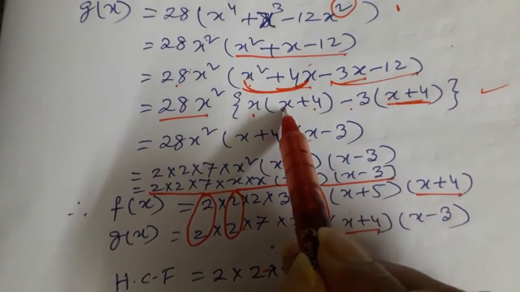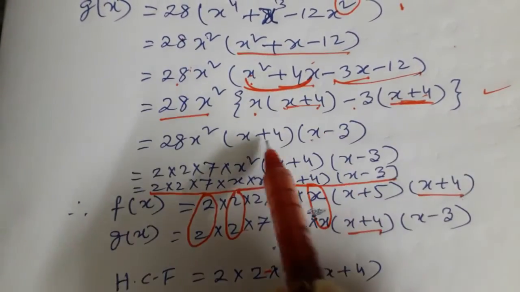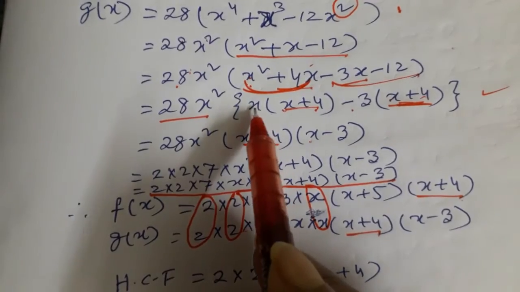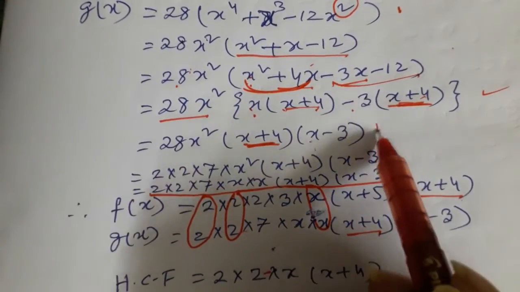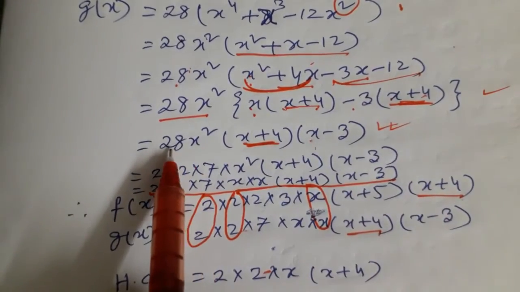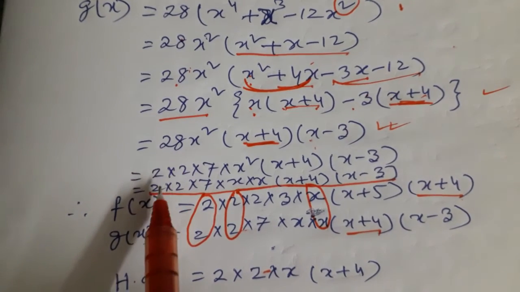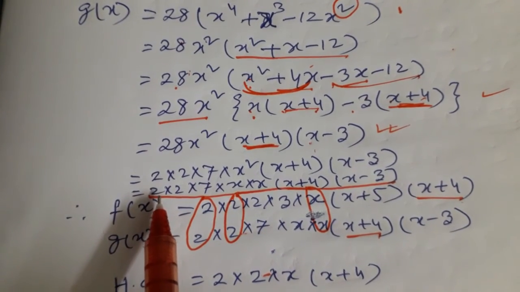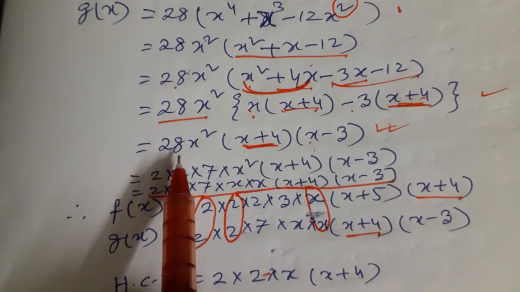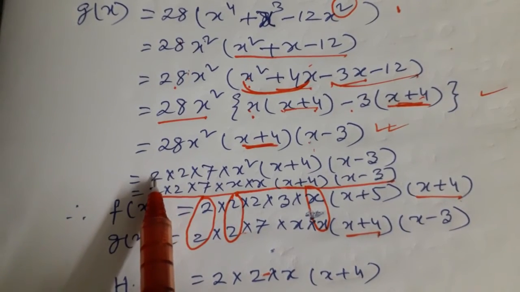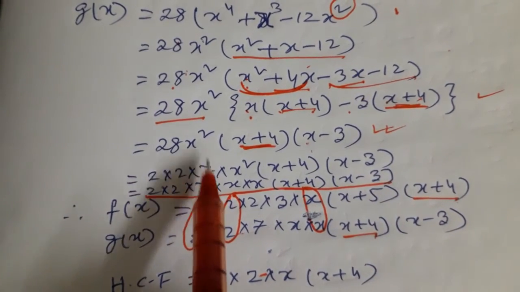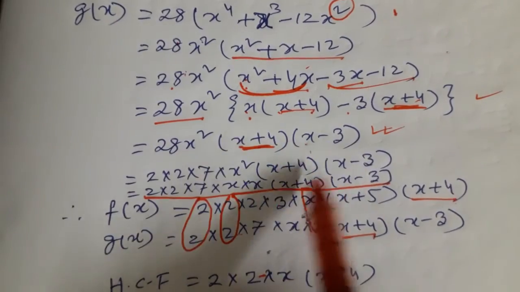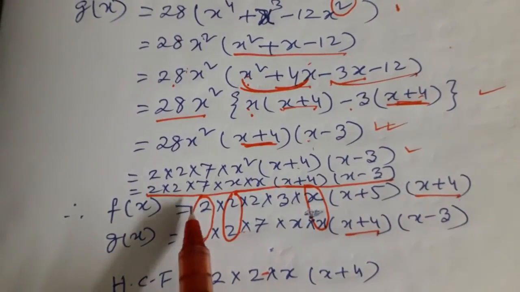You see here is x plus 4, then x plus 4 remains, x minus 3 we have written. Now here is 28 we have to split it, that is 28 means 2 into 2 into 7 into x square, and the remaining portion we have already written.